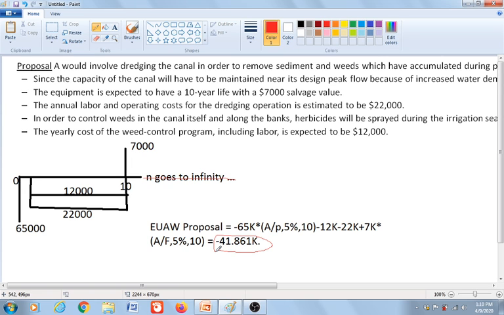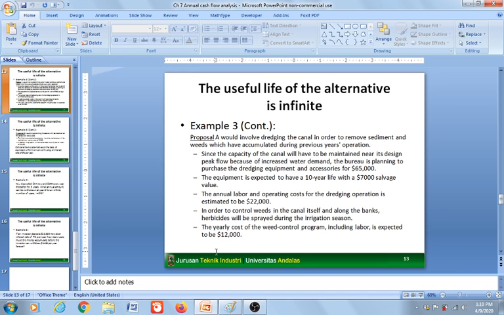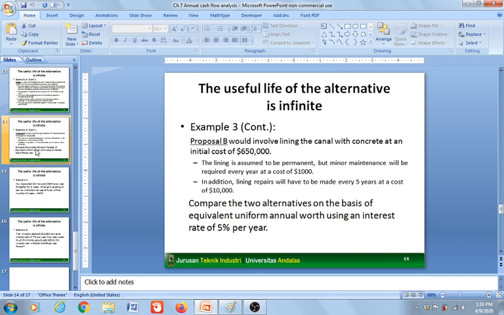Now let's go to proposal B. For proposal B, n goes to infinity. We have an initial cost of 650,000, maintenance cost of 1,000 every year, and repair of 10,000 every 5 years.